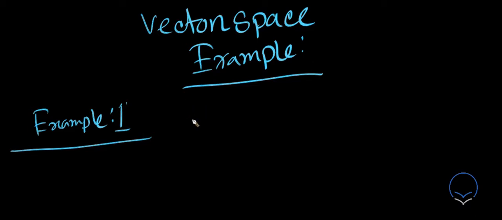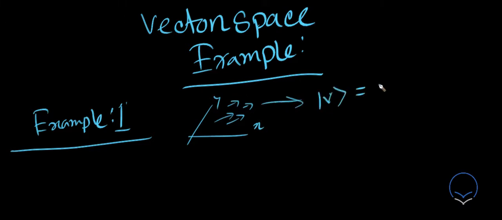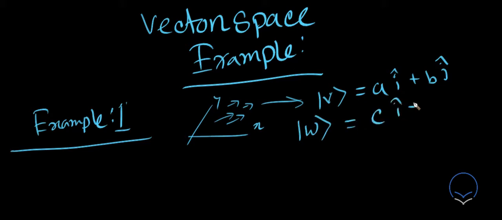So any vector in this subset, that is, if you have an xy plane, let's say, and the objects that live here, these arrows, can in general be represented as, let's say I want to denote it as v, with some a, a number, times i hat, and b times j hat. I want to express these vectors like this, and I can take another vector denoted by w, and let's say it's c i hat plus d j hat.